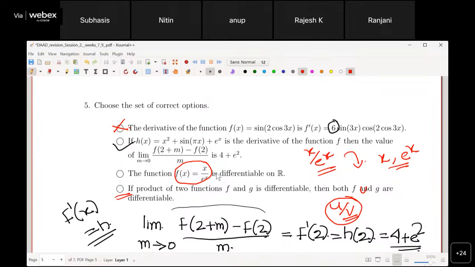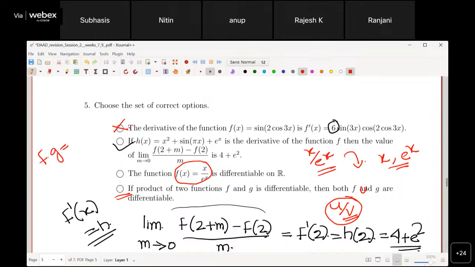If yes, then why? No, because suppose the product of f and g is x, for example, and f is equal to x square and g is 1 by x, then f is differentiable, but g is not differentiable. G is not differentiable where? So suppose f multiplied by g is x.